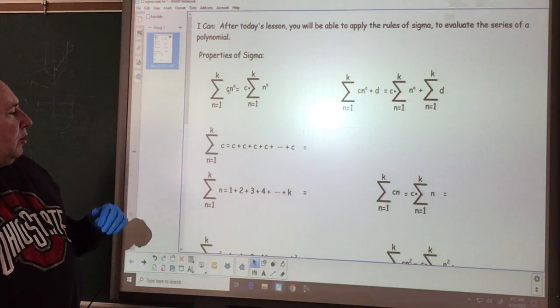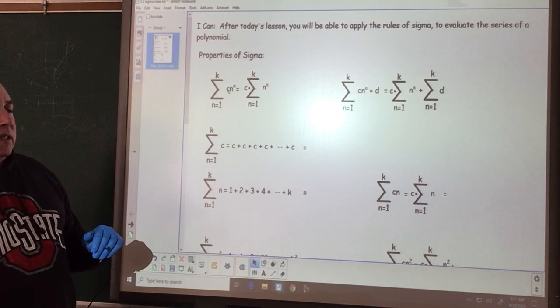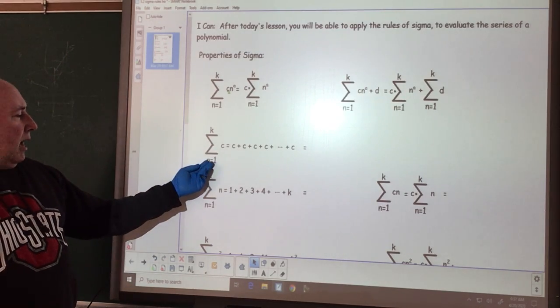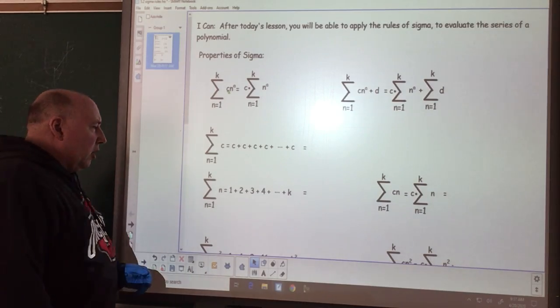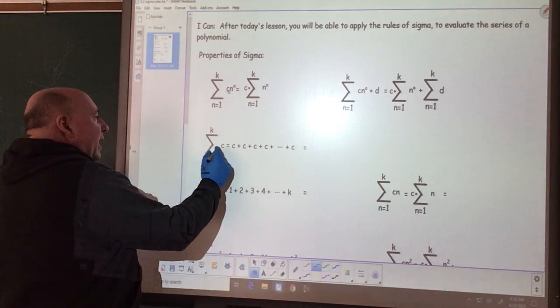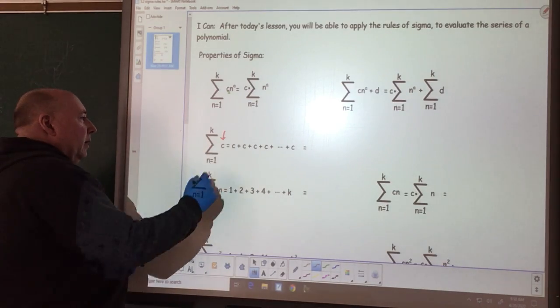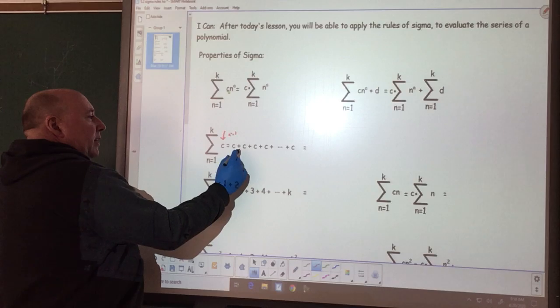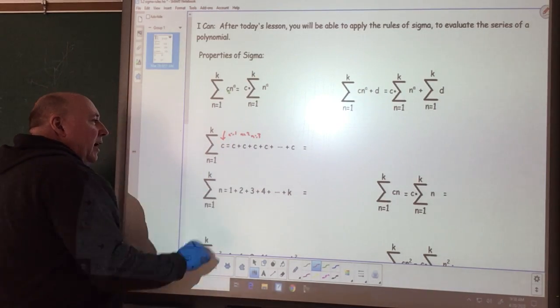If I take a look at a sigma of just a constant, I have n equal to 1 to a value of k. So I have a constant here, and I only have a constant. So my first term, when n is equal to 1, I have the constant. n is equal to 2, I have a constant. n is equal to 3, I have this constant.